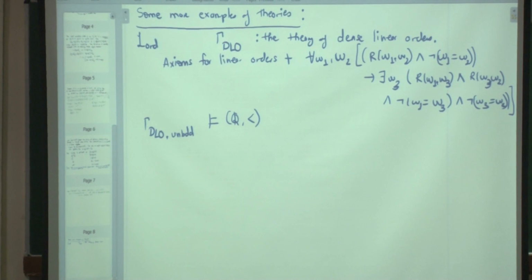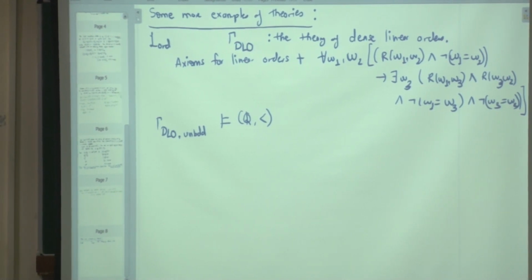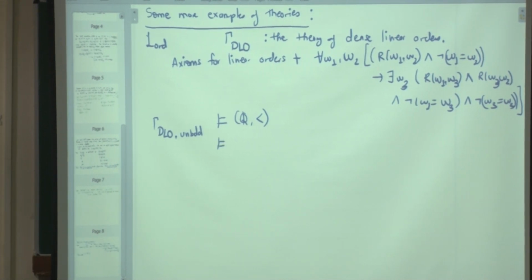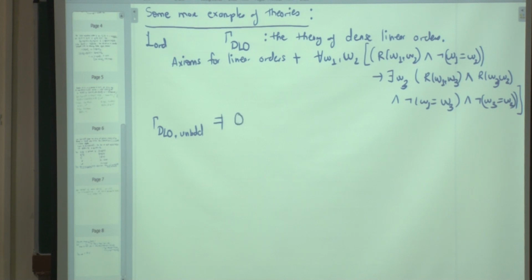And another model is real numbers. And, sorry, I'm writing it in the wrong way. I should say that, yeah, rational numbers are a model. And similarly, real numbers are also a model of this theory.